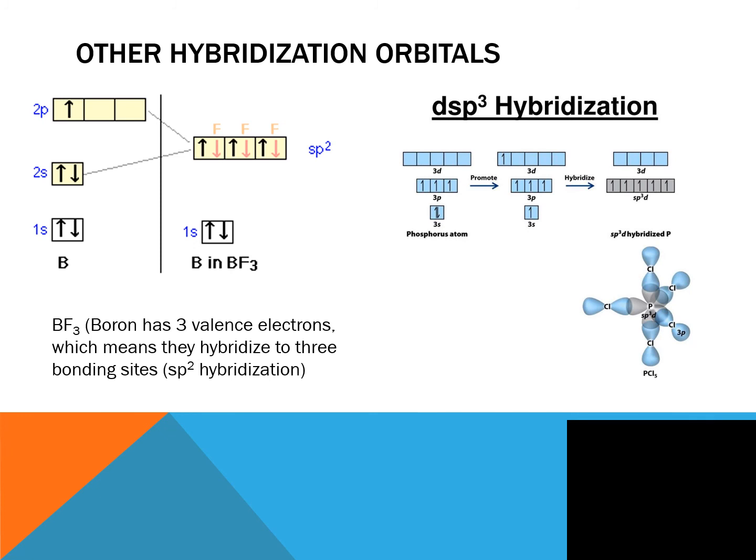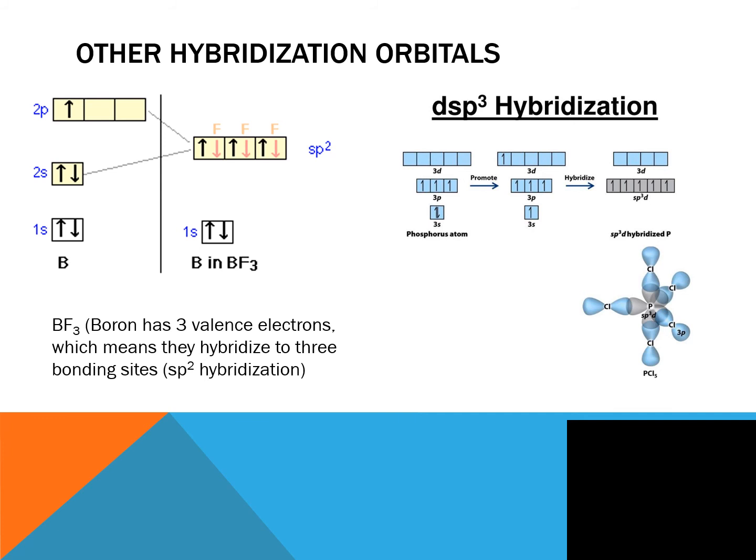dsp3 hybridization, so like phosphorus can hold more than 8 electrons, can hold 10. So there's 5 bonding sites. That means the d has to come into play because there's only 3 orbitals in p. So the d comes in, so it's dsp3 or sp3d. You can put the d in the front or at the end.